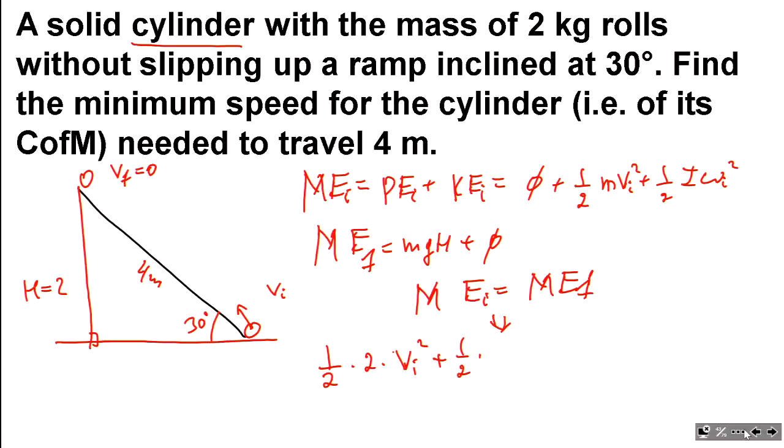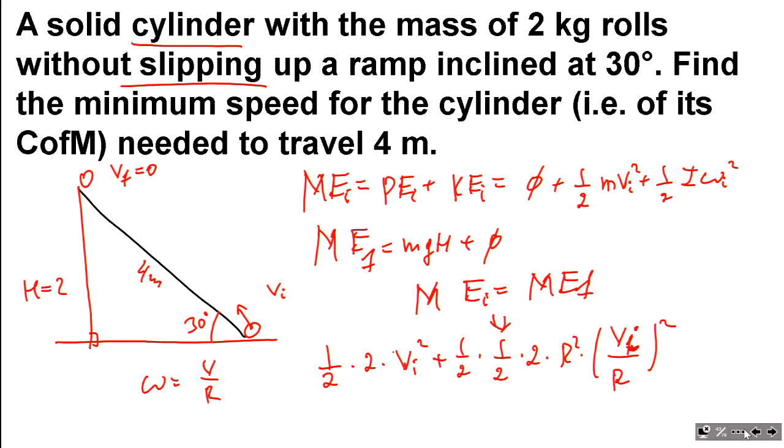That's a cylinder, so the form factor equals 1/2 times mass times radius squared, times, rolling without slipping means angular and linear velocities are coupled, same initial speed over the radius squared, initial, I said initial.